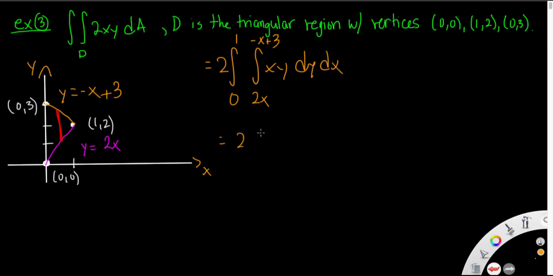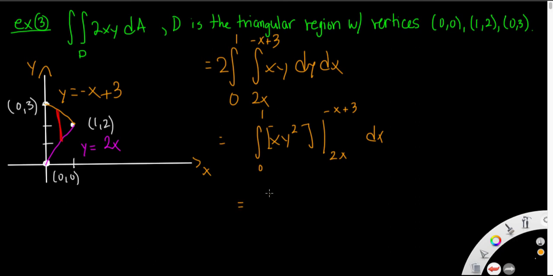Antiderivative of 2xy with respect to y is xy squared, and it looks like the 2 will cancel here, and evaluate from 2x to negative x plus 3 dx.